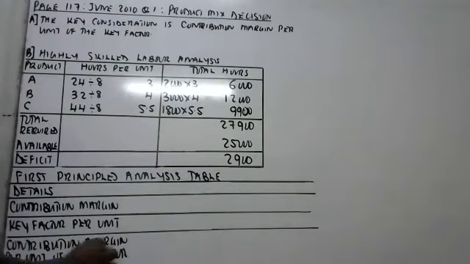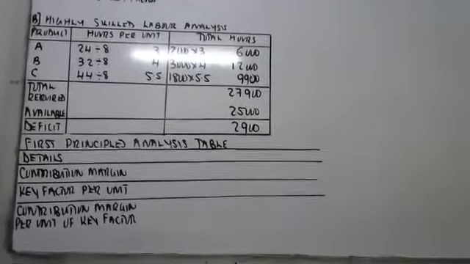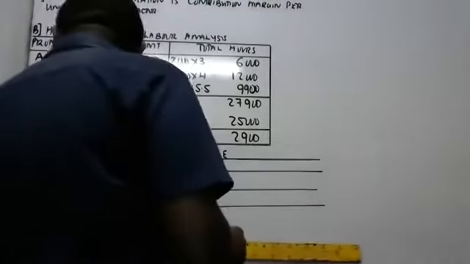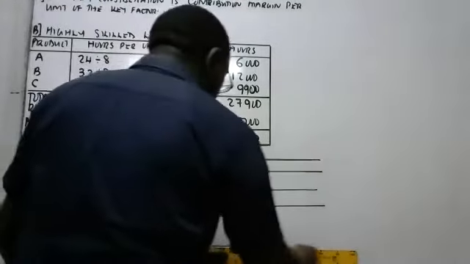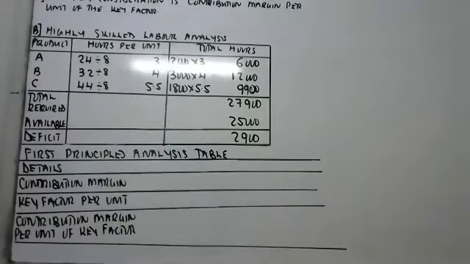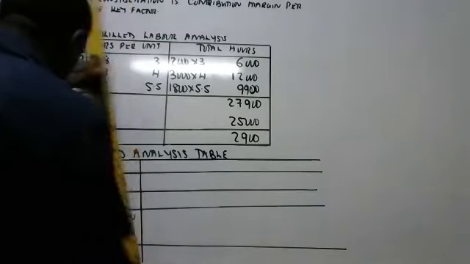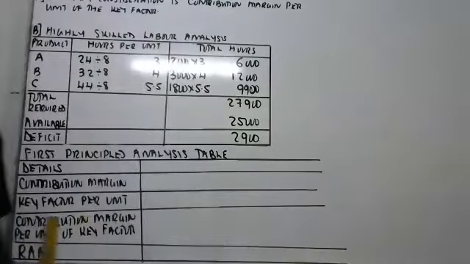This is what we have said is normally used in making the decision. Per unit of the key factor, and then we rank.